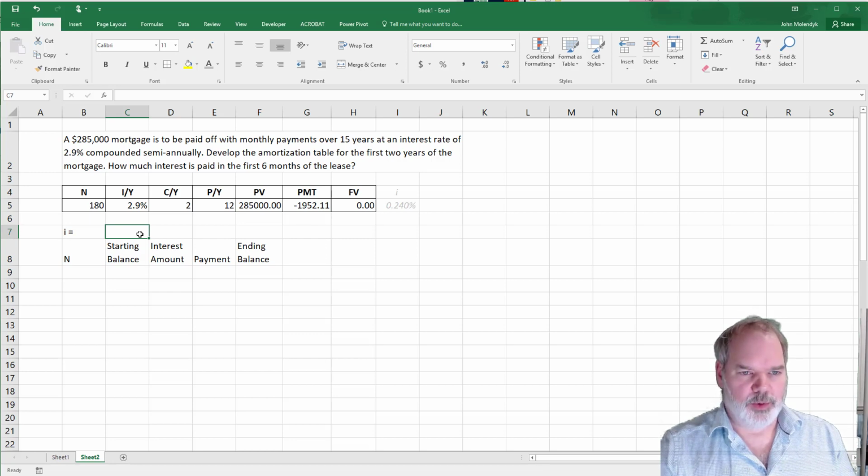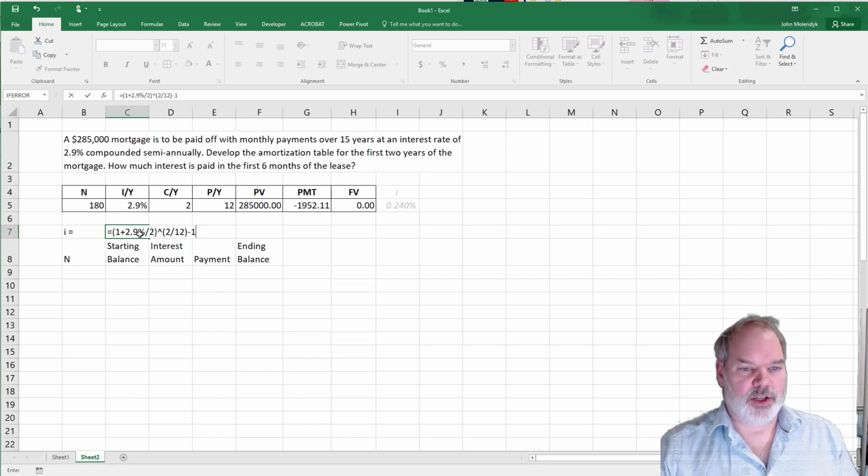Doing the formula in Excel, we start with equals, 1 plus I1, which is our 2.9% or 0.029, divided by twice a year to get the periodic interest rate, to the power of, using the caret, C per Y, 2, divided by P per Y, 12, minus 1.